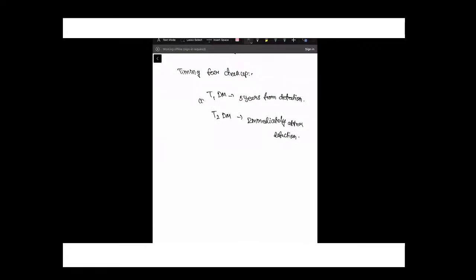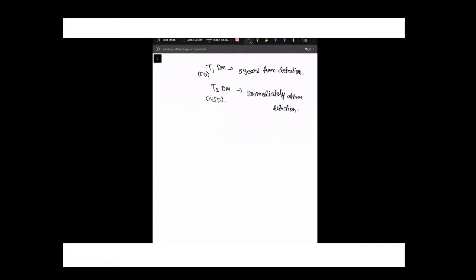This is insulin dependent, non-insulin dependent. After that, once every year for both of the types.